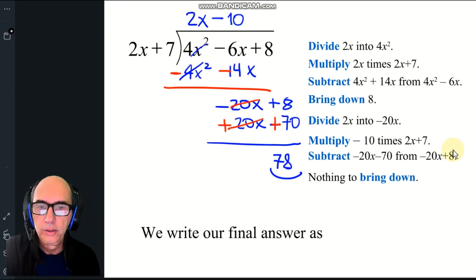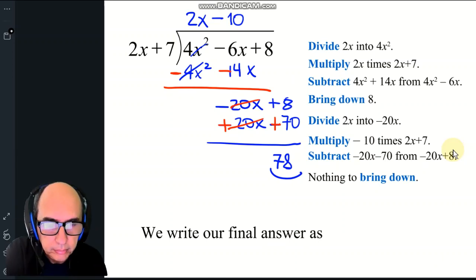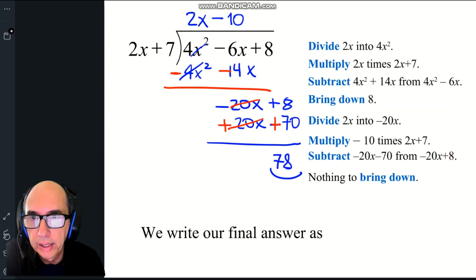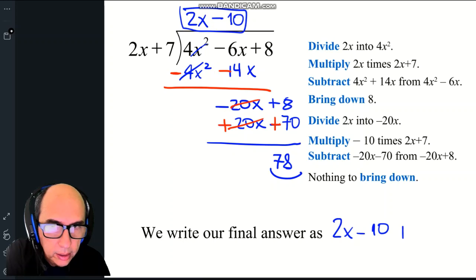One interesting thing. We write our final answer as, okay, this is the final answer, 2x minus 10. And we still have the remainder. So let's write down here the remainder is a positive 78.